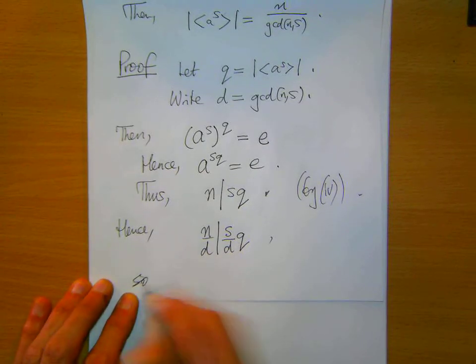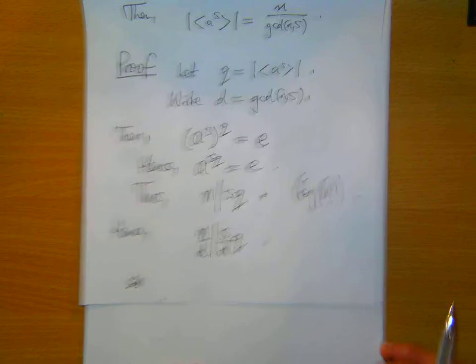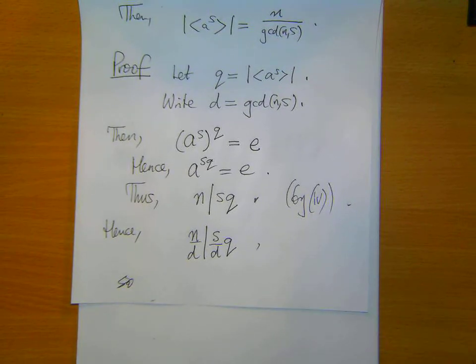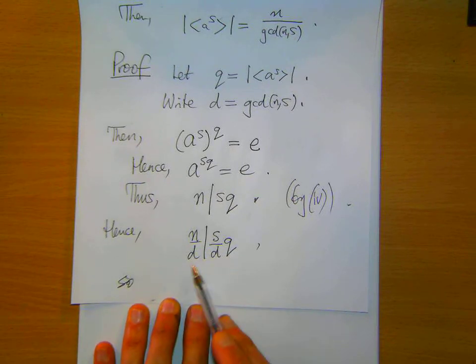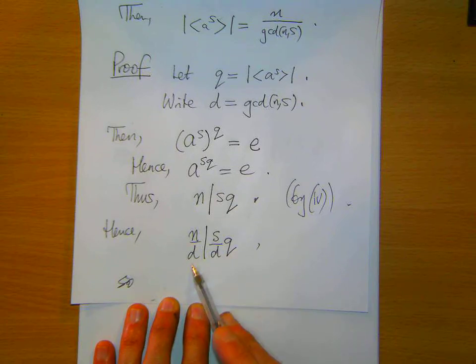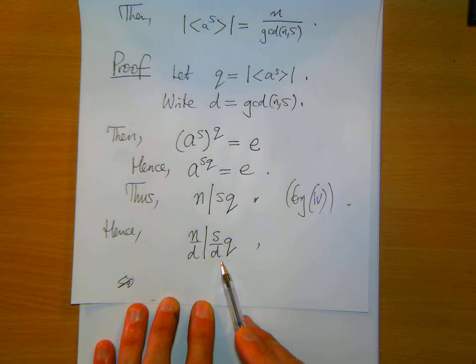Well, I've got to do one more step, and this is where I might want to use Bézout's lemma. Let me write down what I want to deduce and then show you why it's true. Although some of you may know the result that enables me to get this straight away. Basically, n over d and s over d are co-prime. Their greatest common divisor is 1 because I've divided out by d.